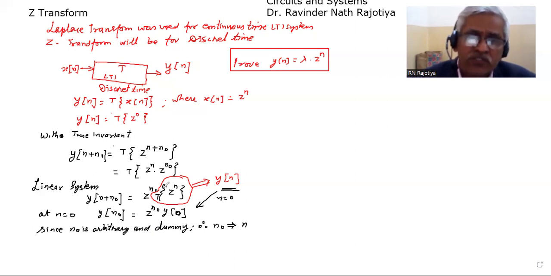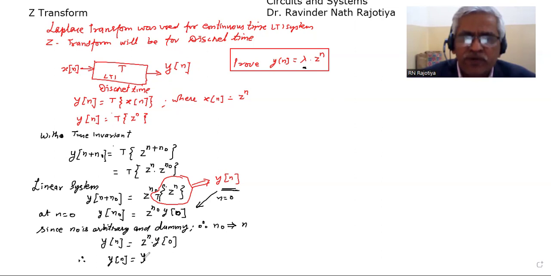So if you put n0 equal to n in this equation, what do you get? y of n is equal to z power of n into y of 0. And what is this y of 0? This y of 0 is nothing but lambda. So I can write y of n is equal to y of 0 times z power of n, which is nothing but lambda times z power of n.